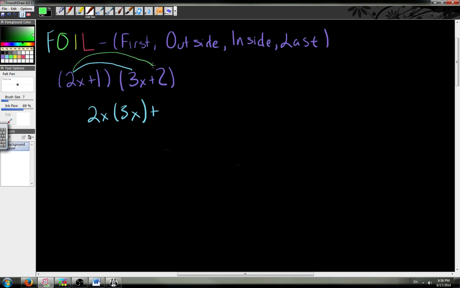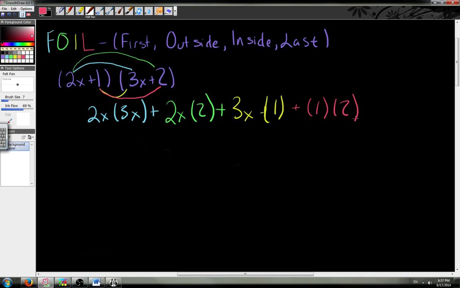So we multiply these two numbers. We add these to the product of the inside terms. So 3x plus 8 times 1. And then finally, we multiply the two last terms, which are 1 times 2.